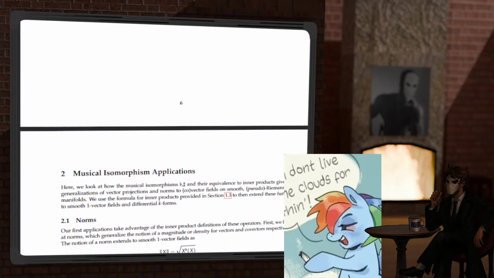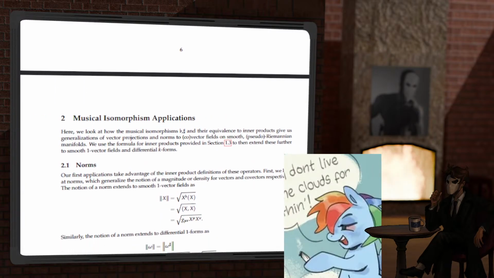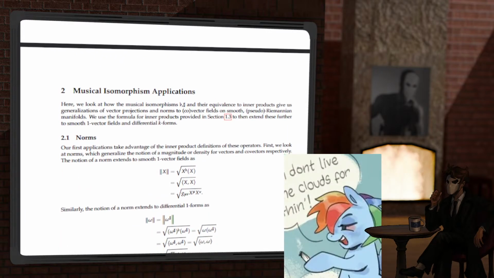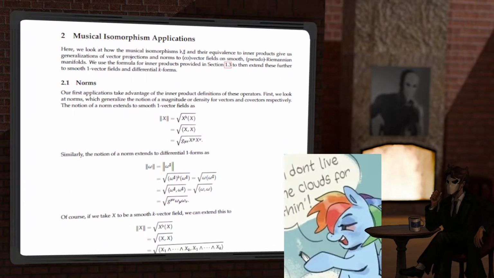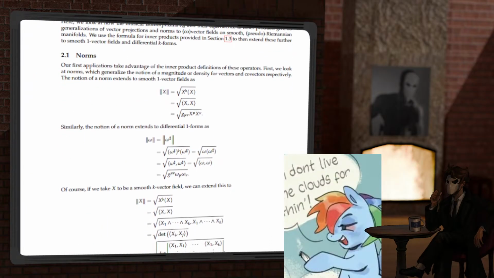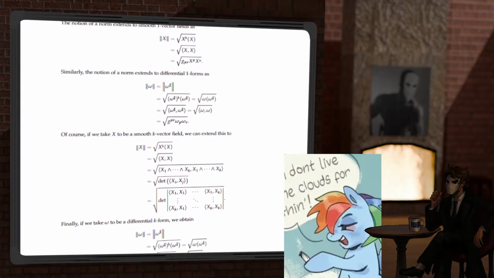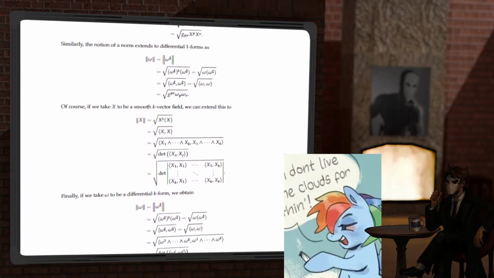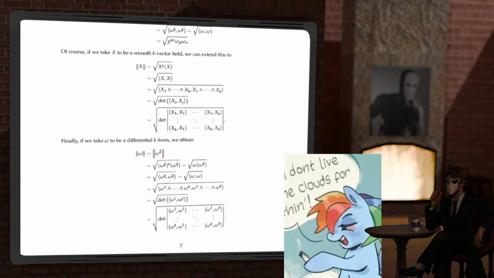And then with Stokes' theorem, which I prove in there, we get that the derivative is related to the boundary. And then we can also define a way of defining a norm or magnitude of forms and vector fields, but also k-forms and k-vector fields.